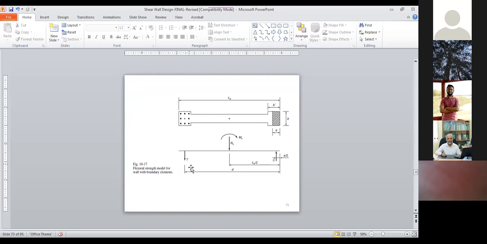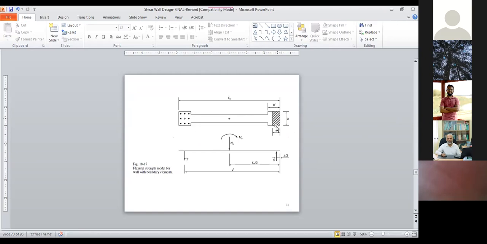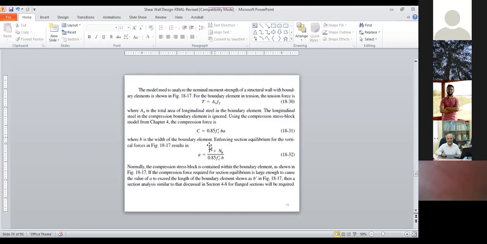And what is the compression in concrete? That is 0.85 f'c times a times b. a times b is nothing but the area, and 0.85 f'c is the average uniform stress. You multiply by the area, you get the compressive force.